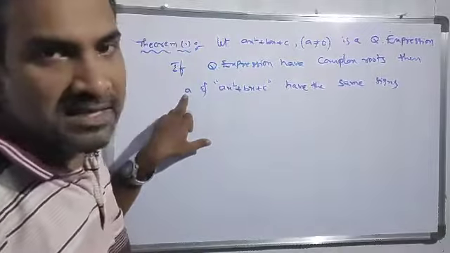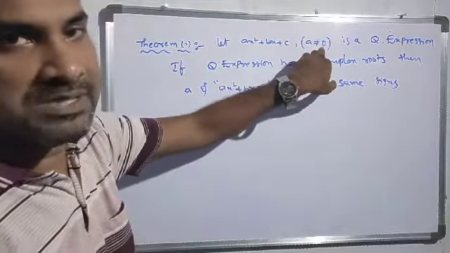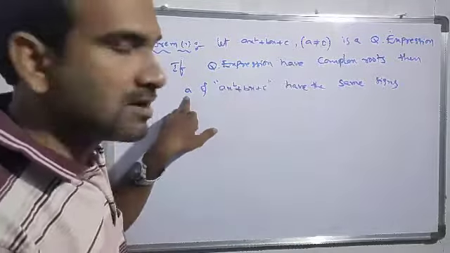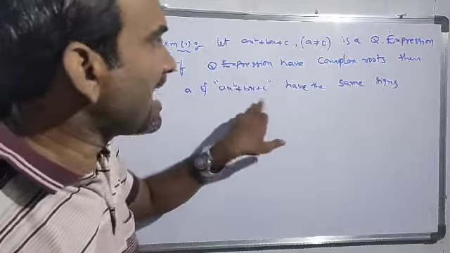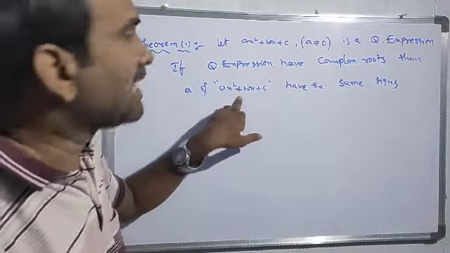Suppose the given expression has complex roots, then the principal coefficient and the expression both have the same sign. Here a is not equal to 0, so it is greater than 0 or less than 0. If a is positive, then the expression should also be positive. If a is negative, the expression should be negative.